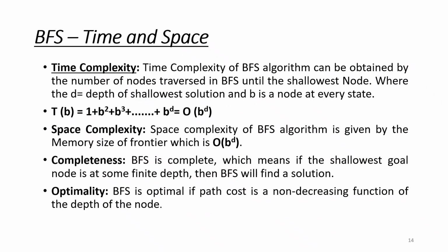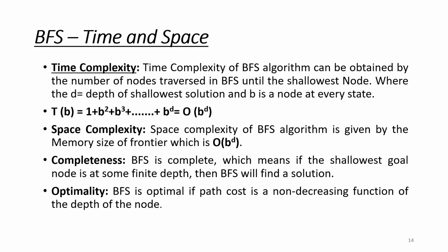The time complexity of breadth first search is given by the formula O(b^d), that is 1 + b + b^2 + ... + b^d. We have to maintain our timing until the process is complete. That is very, very important.